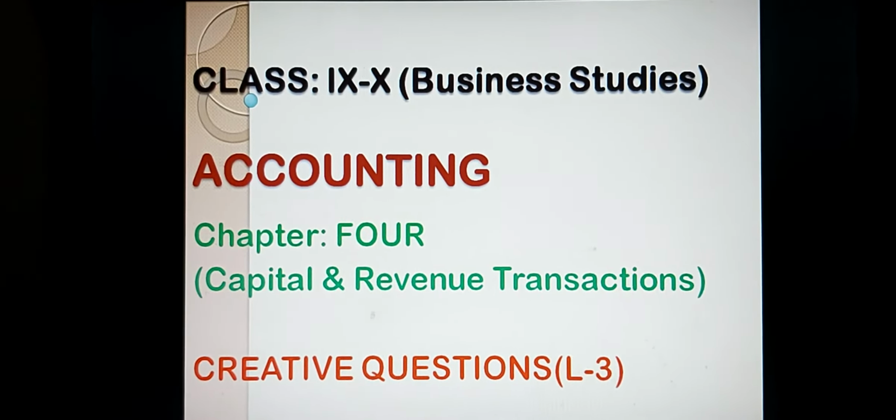From your childhood, you are well known: profit is equal to what? Sales minus cost. So in this problem, profit is equal to capital receipt minus capital expenditure. So capital receipt is taka 1,95,000, that is machinery sold, minus capital expenditure, total amount of cost of machinery 1,82,500.